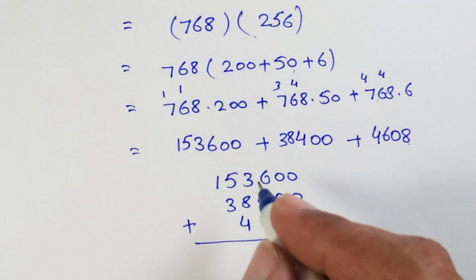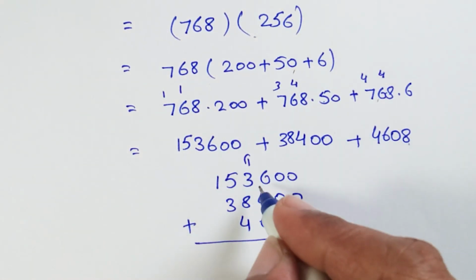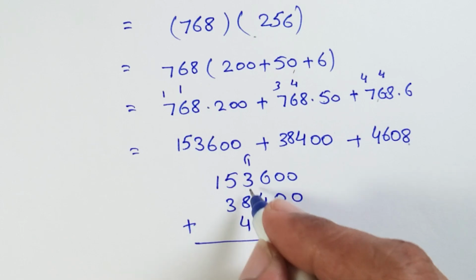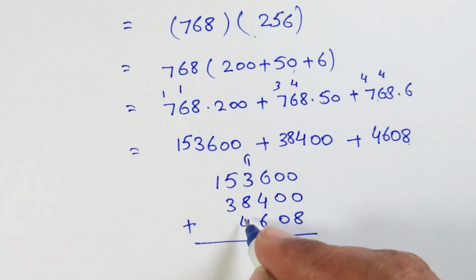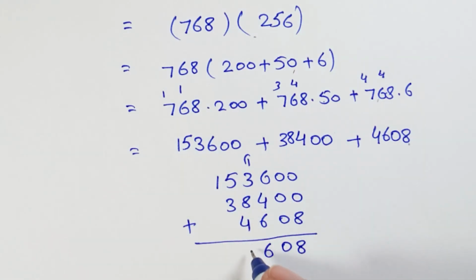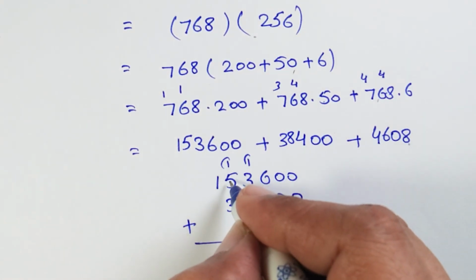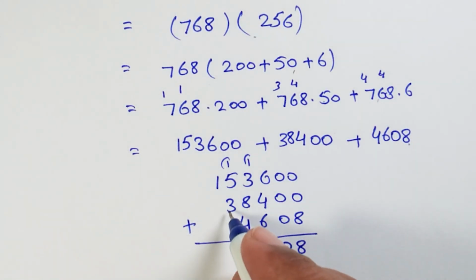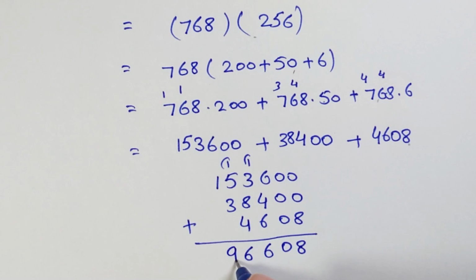So we will write here 6 and 1 is left. So 1 plus 3 is 4, 4 plus 8 is 12, 12 plus 4 is 16. So we will write here 6 and 1 is left. 1 plus 5 is 6, 6 plus 3 is 9. So 1 as it is will come.